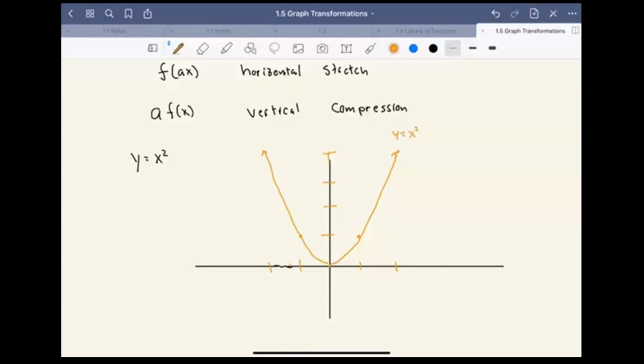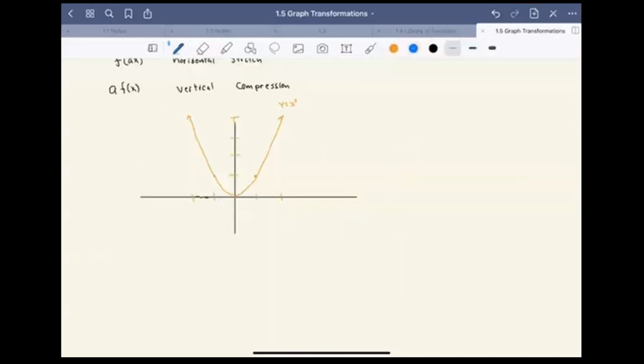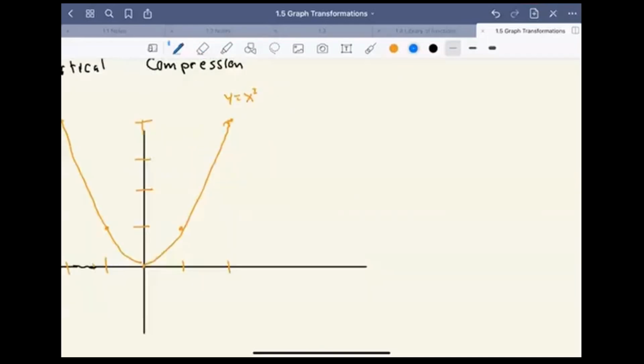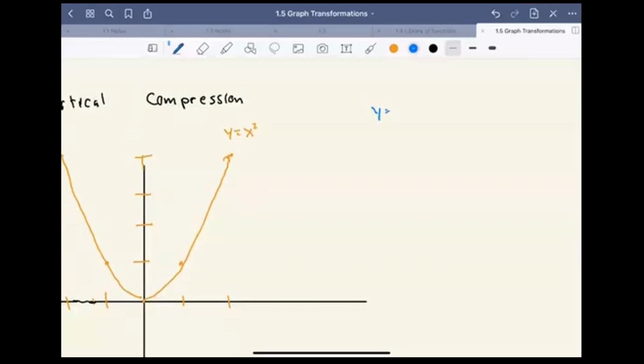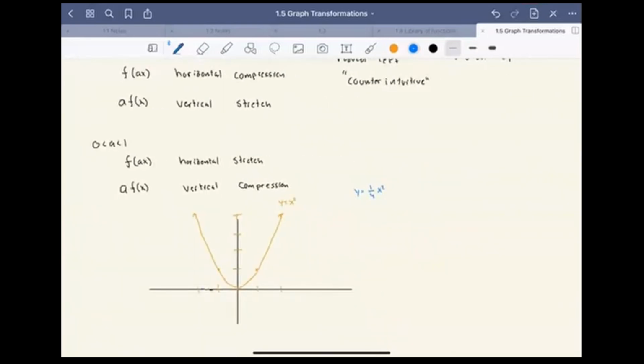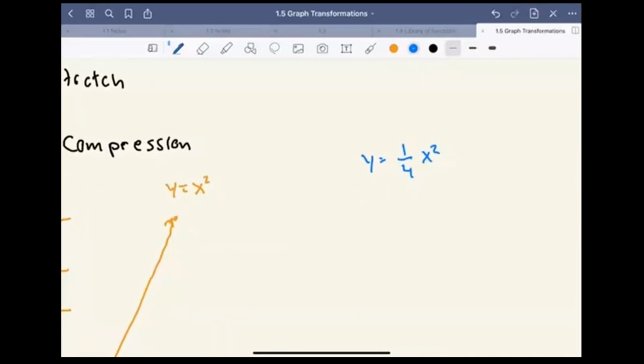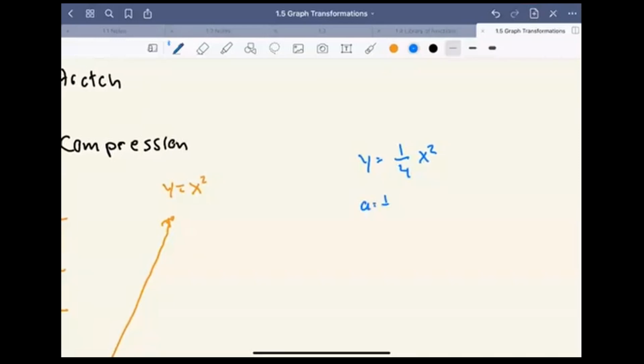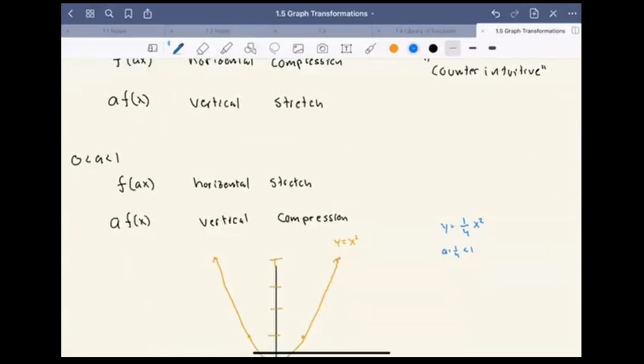Okay, now let's take y equals, let's do it in blue, y equals 1/4 x squared. Okay, so this 1/4, a equals 1/4, is less than 1. And so we're going to have a vertical compression.